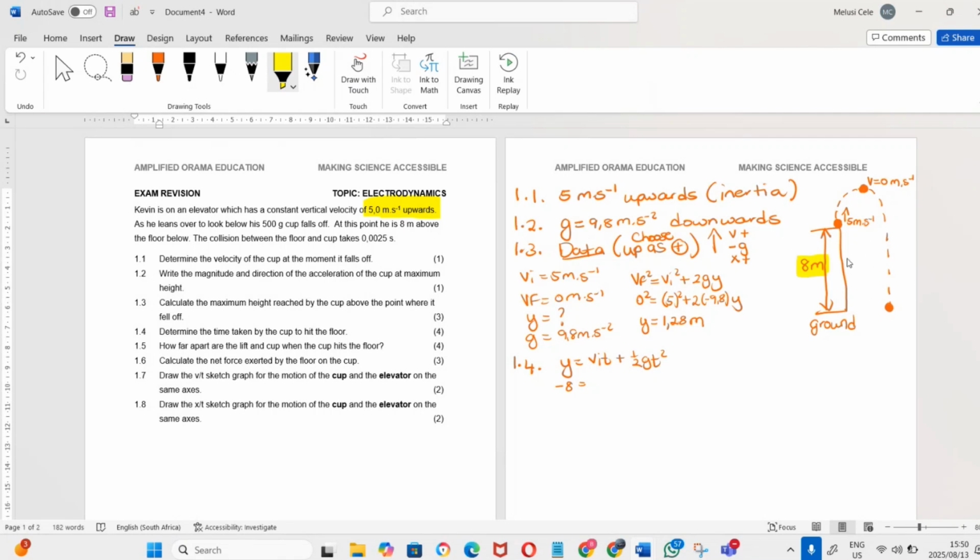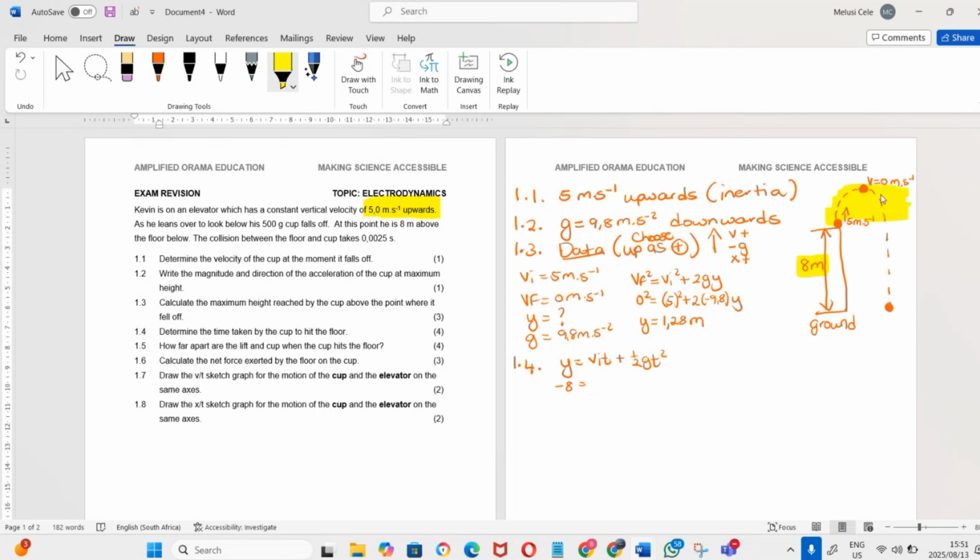And the reason why I'm doing that is because remember time symmetry and all of that. The time it takes the cup to go up should be the same as the time it takes for it to go down. The same applies for displacement. The displacement going up is the same as the displacement going down. So there's no change in position.